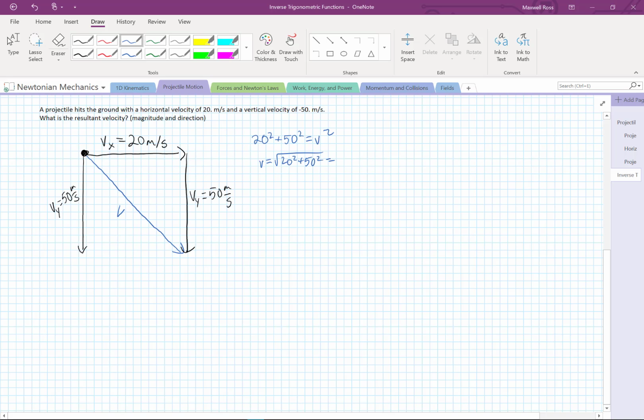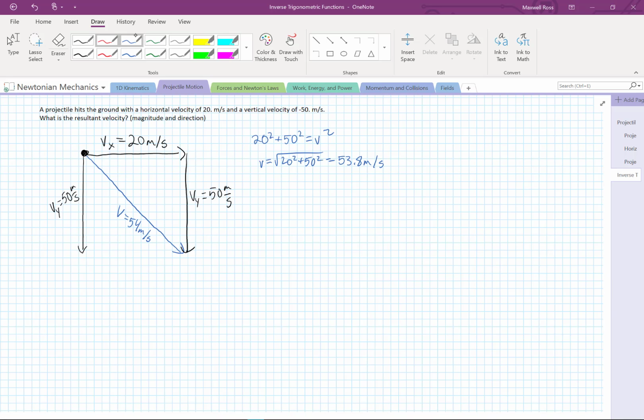I plug that into a calculator, I get V is 53.8, and the units are meters per second. 54 meters per second to sig figs. However, that only gives me the magnitude of my resultant vector.